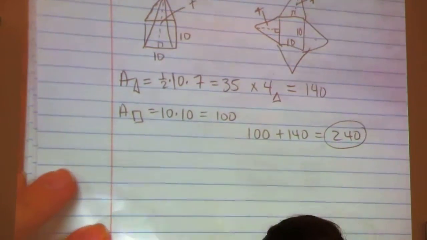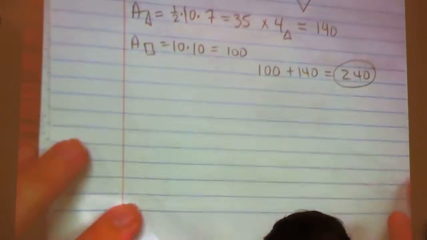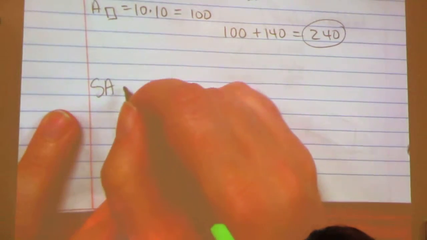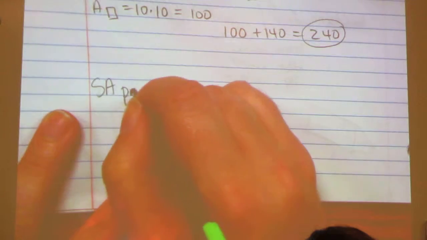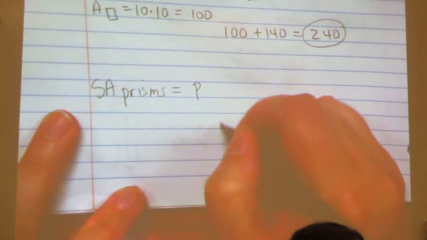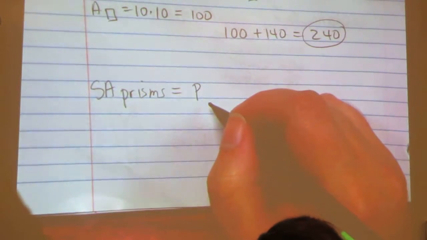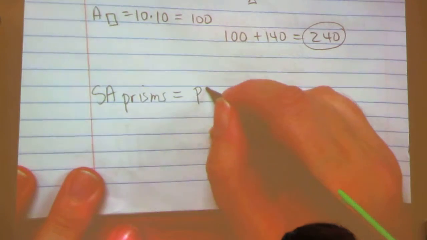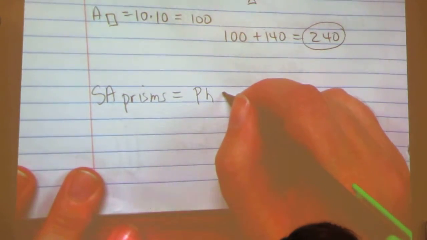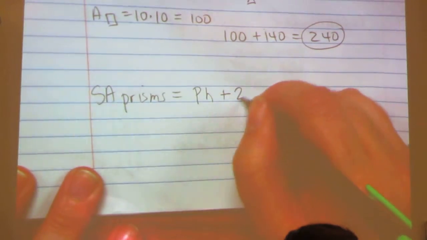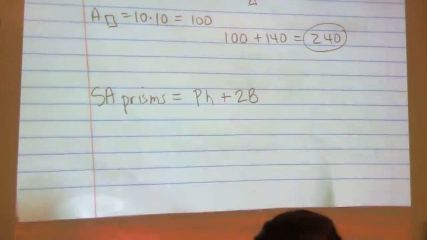You also, there is a formula for surface area of prisms. And that's the perimeter of the base times the height plus 2 times the area of the base.